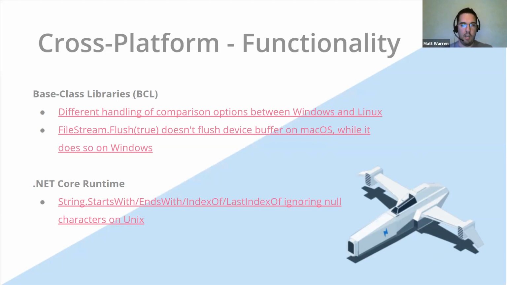Even things like starts with and end with an index work slightly differently. So there are various places the .NET Runtime calls out to the OS to provide some functionality, and it doesn't guarantee that it's trying to make it behave the same everywhere, or behave on Linux like it did on Windows. It's doing the thing that makes more sense to the platform.